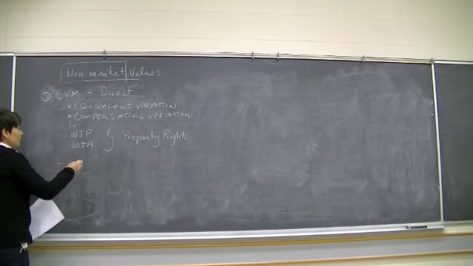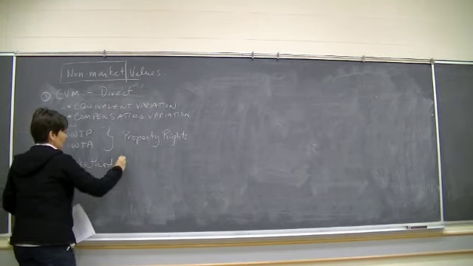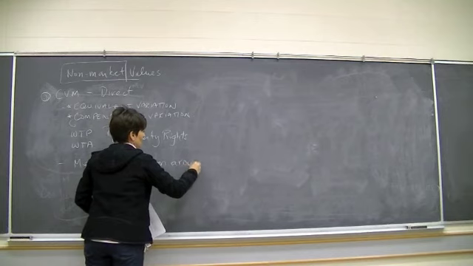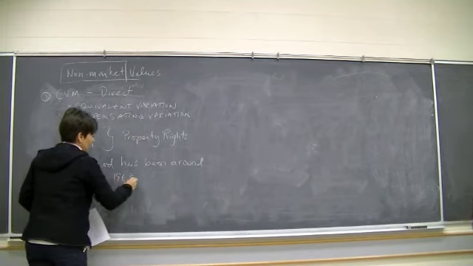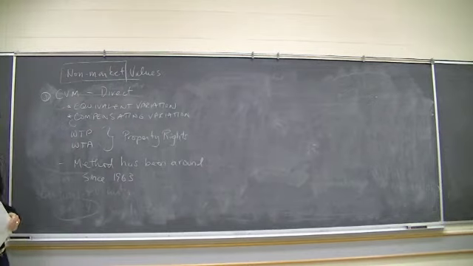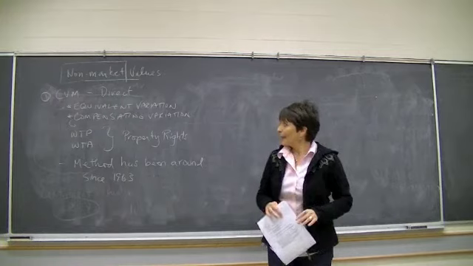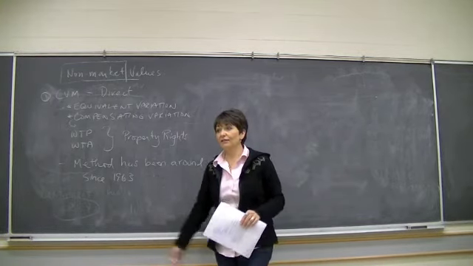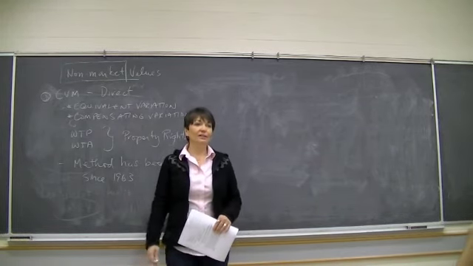The method has been around since 1963. And it's undergone tons of criticism. And there's a good reason for it. If you look at the literature on CVM, and specifically for animals and environmental things, how easy is it to do a study?